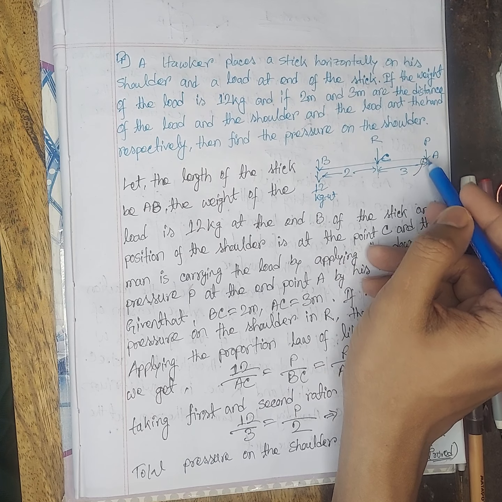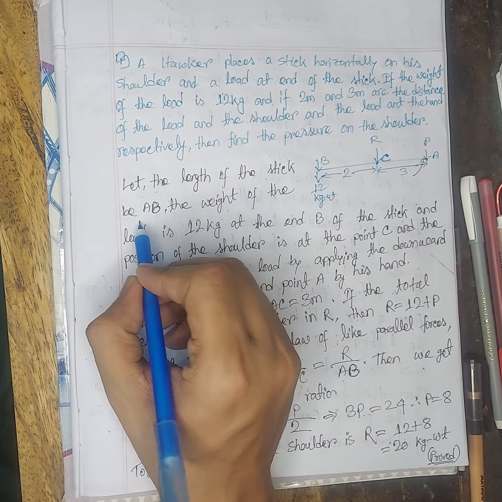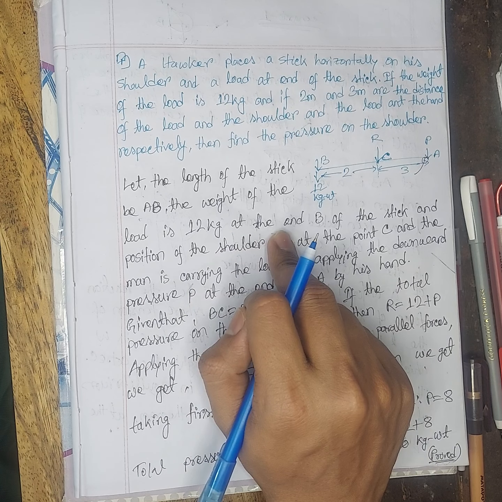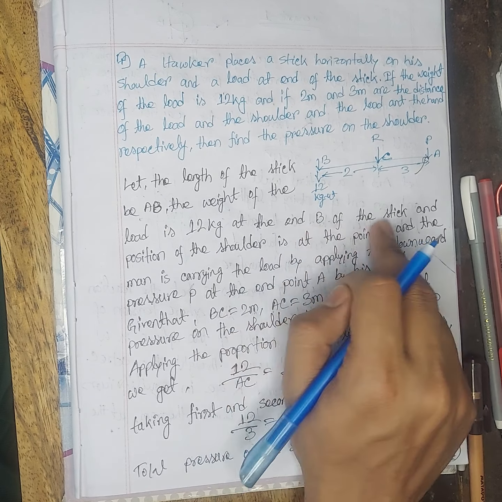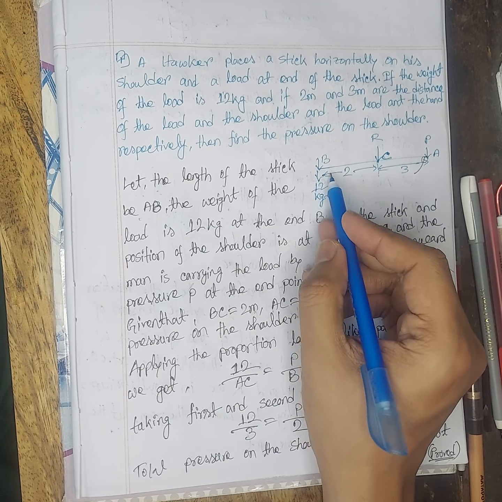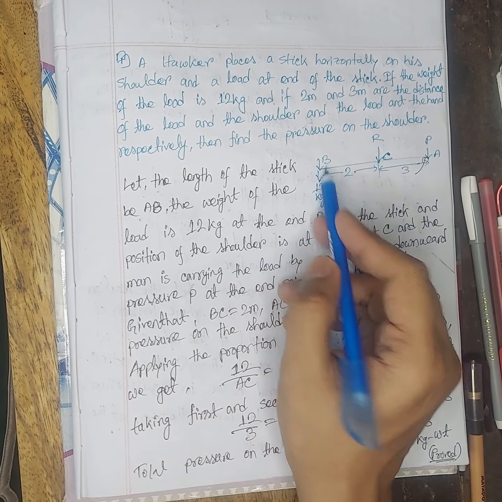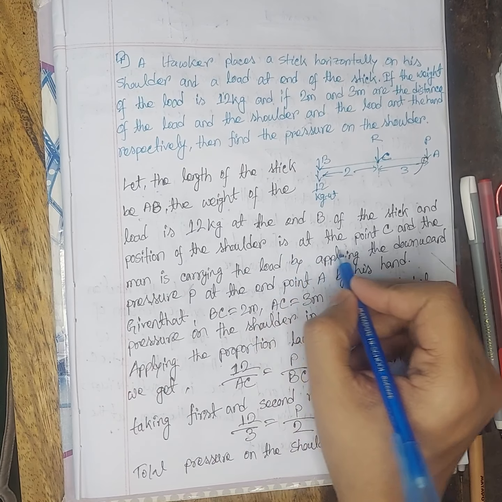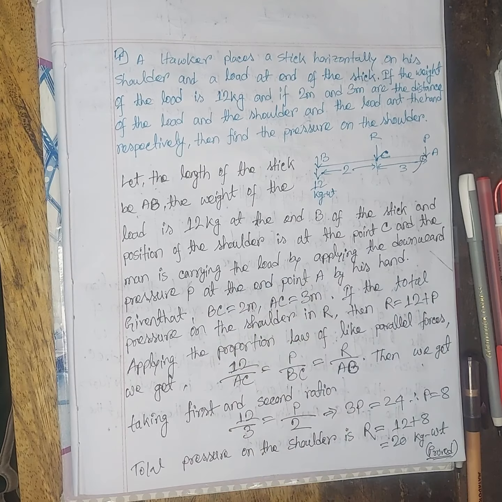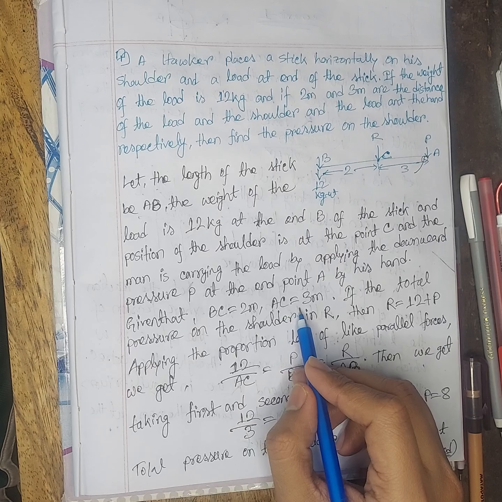If we think of the shoulder at this point, then the length of the stick is AB, the weight of the load is 12 kg at the end B of the stick. So this load acts at this end, and the position of the shoulder is at the point C, and the man is carrying the load by applying downward pressure at the end A by his hand. So BC is equal to 2 meter, AC is equal to 3 meter.